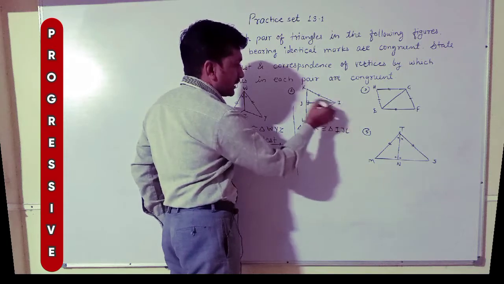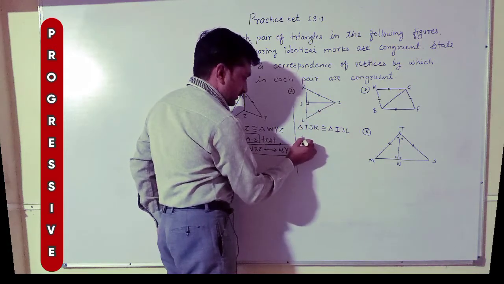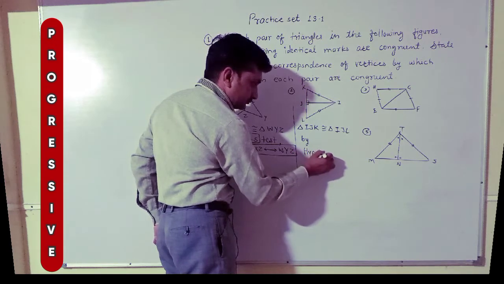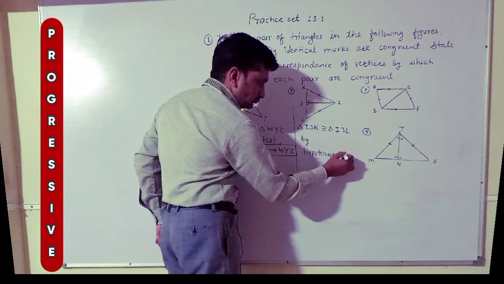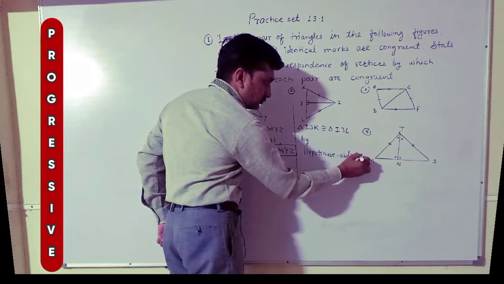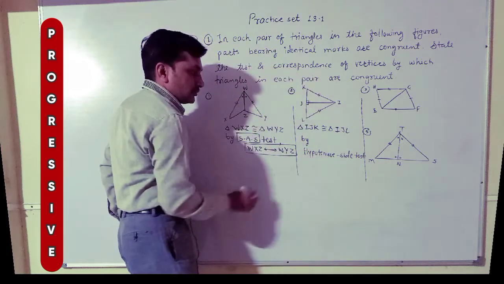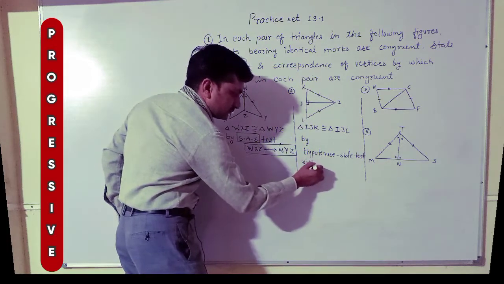IJK congruent with triangle IJL by hypotenuse side test, with correspondence.